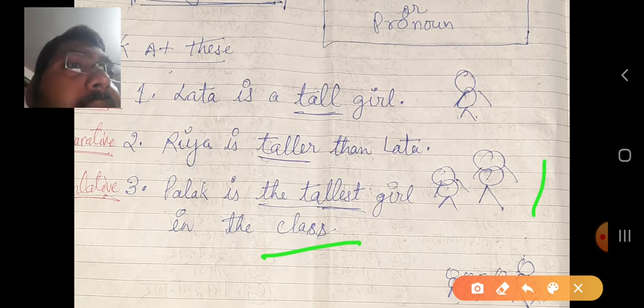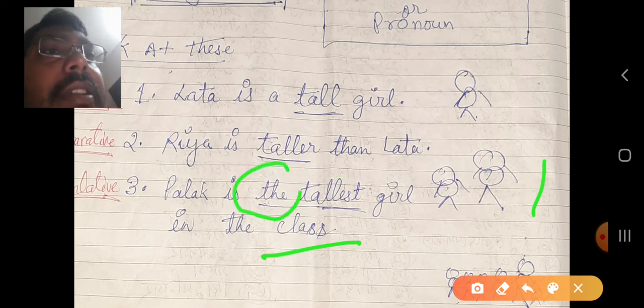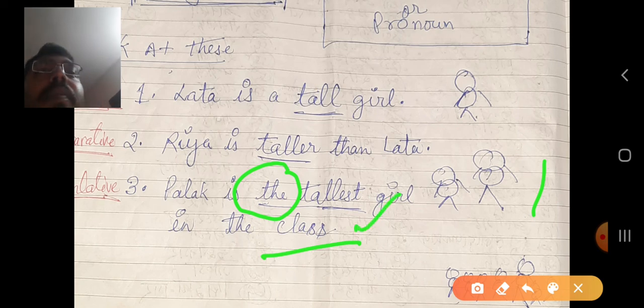And there is one more important thing to keep in mind: we always use THE before the superlative degree. Whenever a superlative degree comes, THE must be added before it.